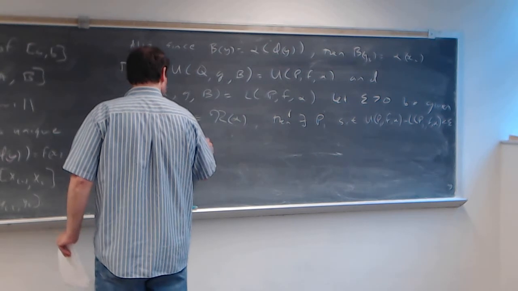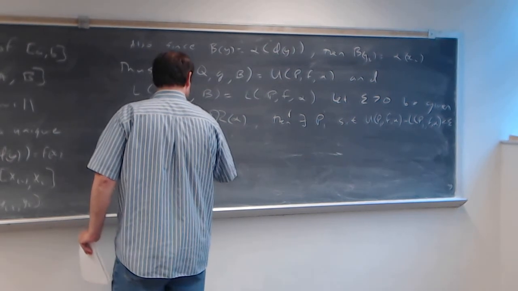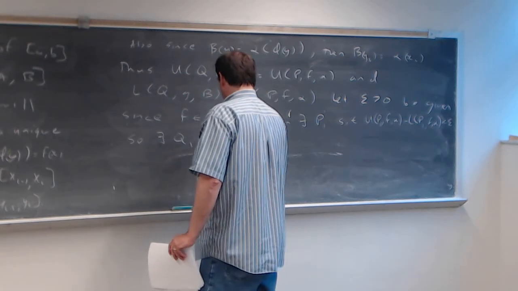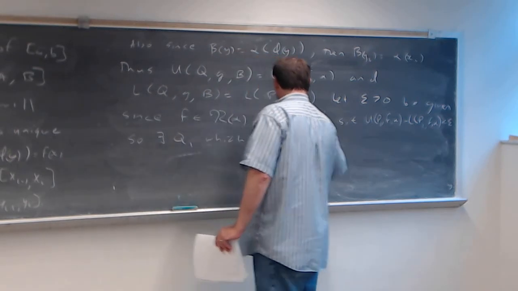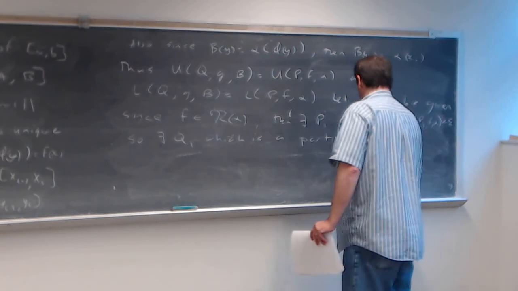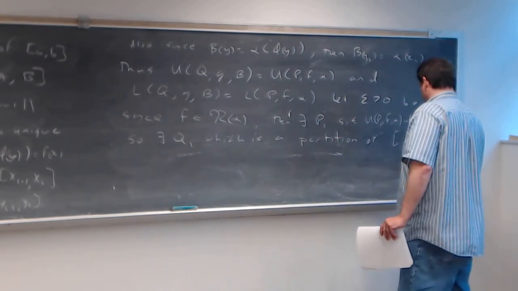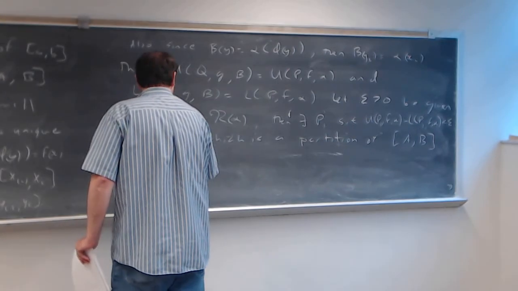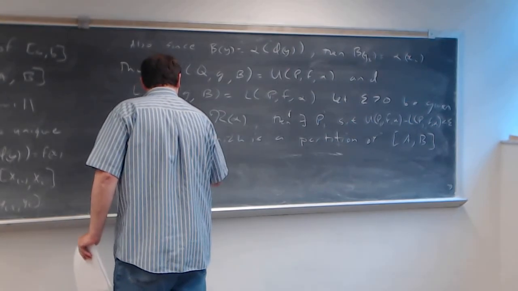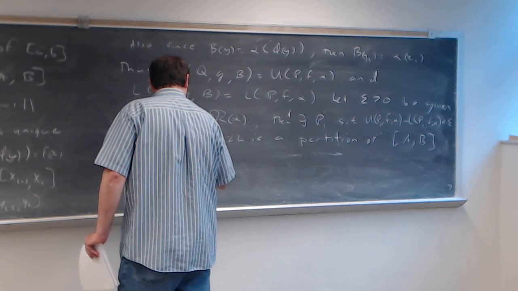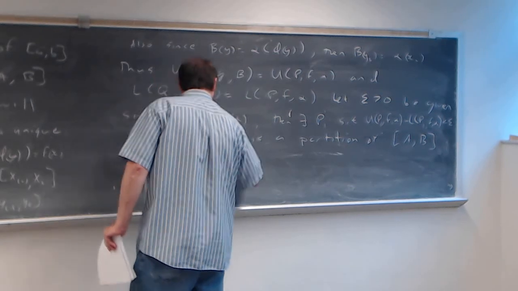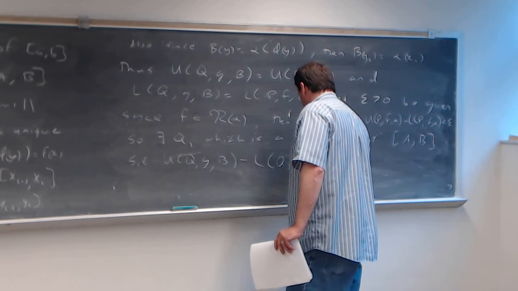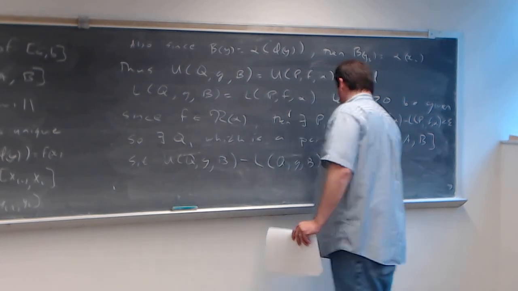So that means there exists a Q sub 1, a partition of big A to B, such that the upper Riemann-Stieltjes sum with Q, g, and beta minus the lower sum with Q, g, and beta will be less than epsilon.